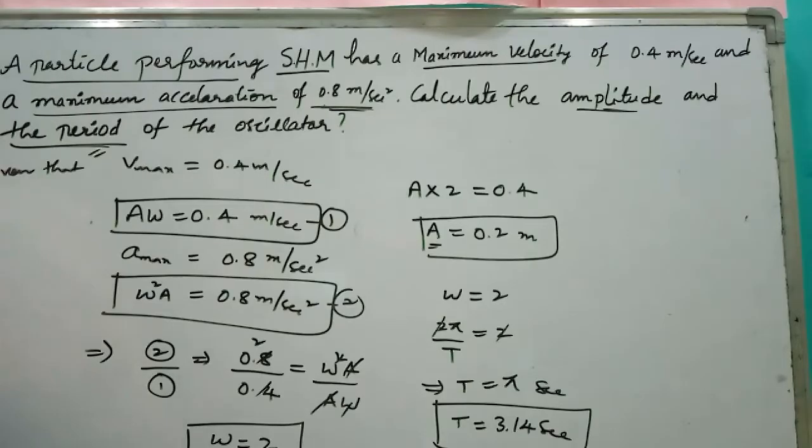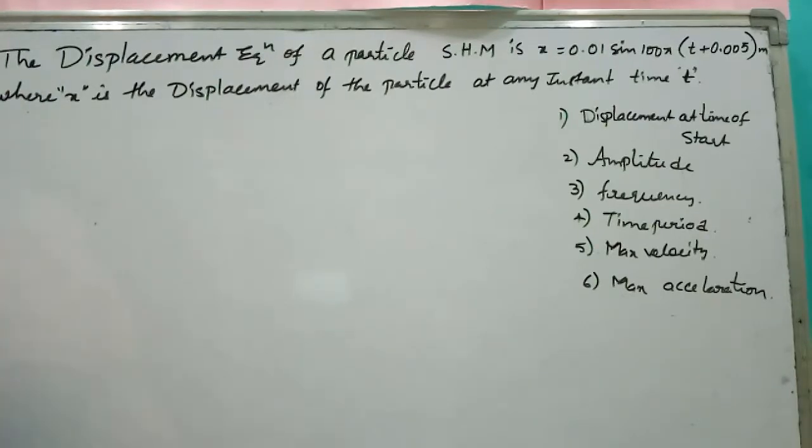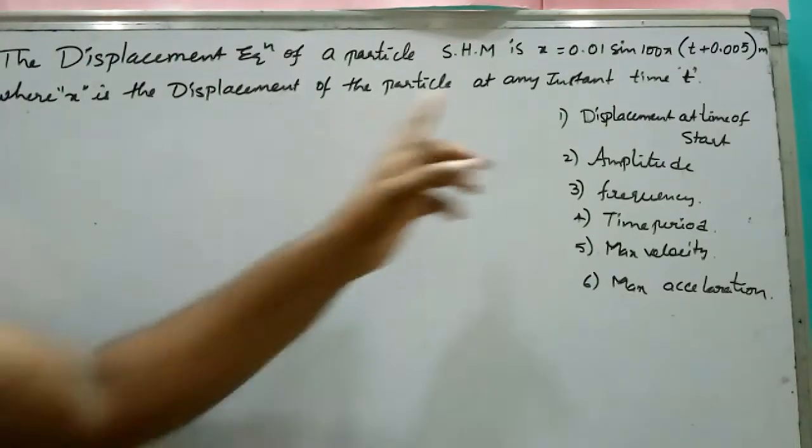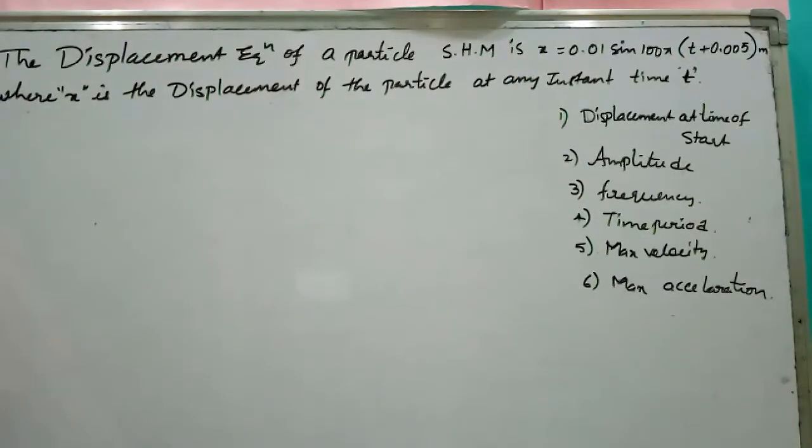I have another question here. It was previously asked in an MSc entrance exam: x equal to 0.01 sine of 100 pi t plus 0.005 meters.